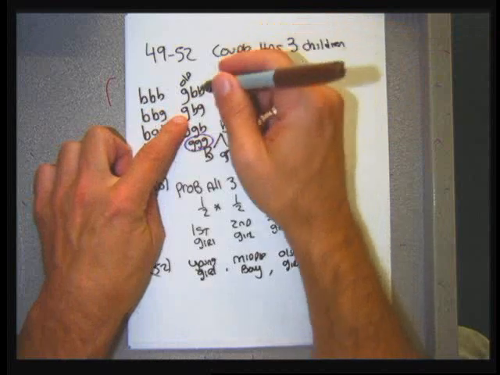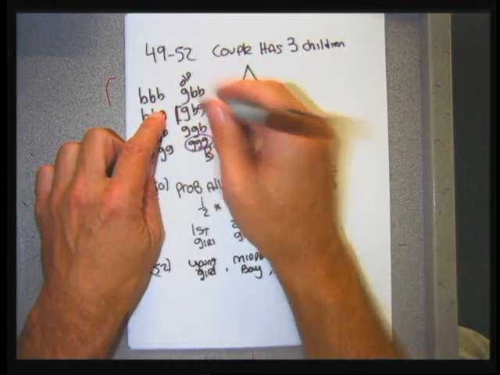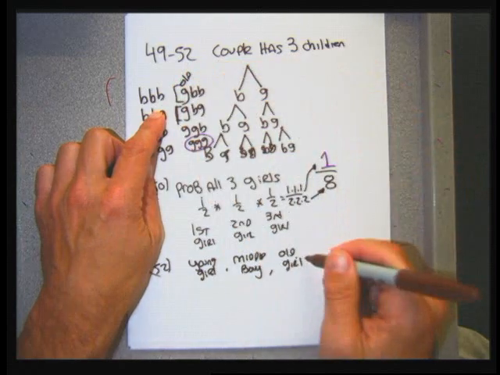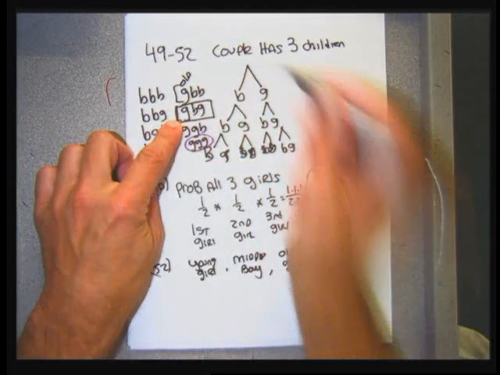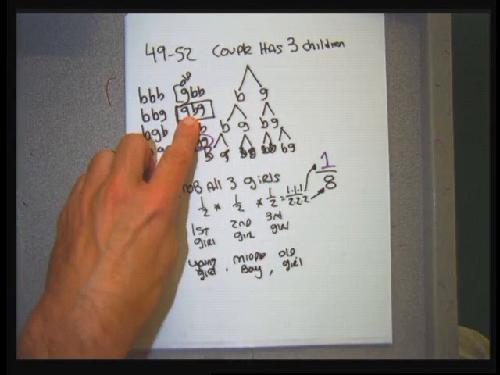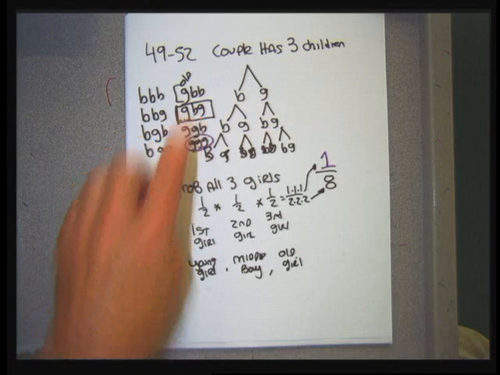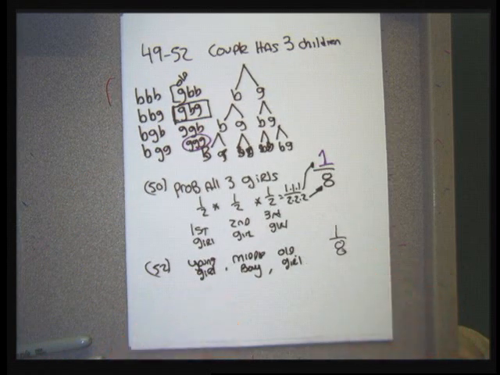The middle to be a boy, so it's either this one right here or this one right there, and then the youngest to be a girl. For my sample space, this is the one that fits that. It has the oldest a girl, the middle a boy, the youngest a girl, and there's only one element in my sample space of the 8 that has that look.